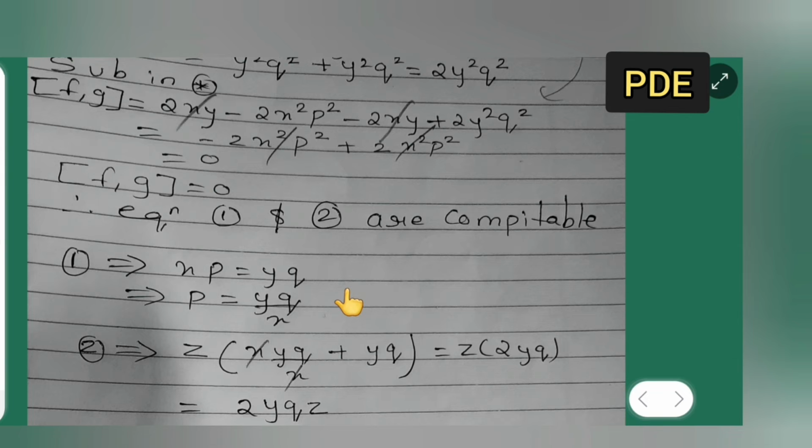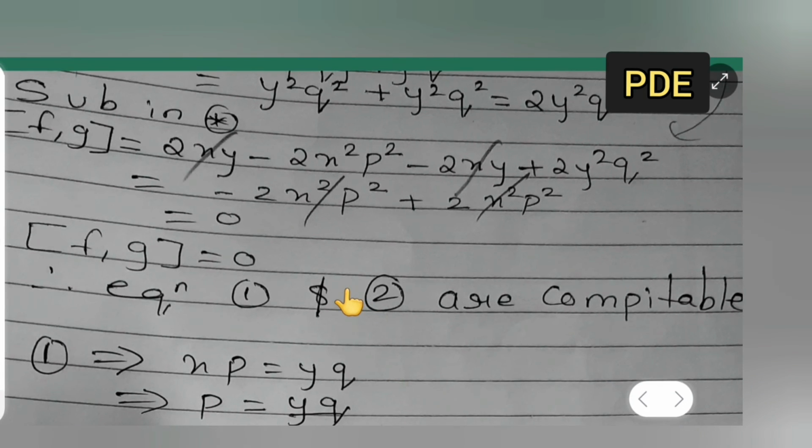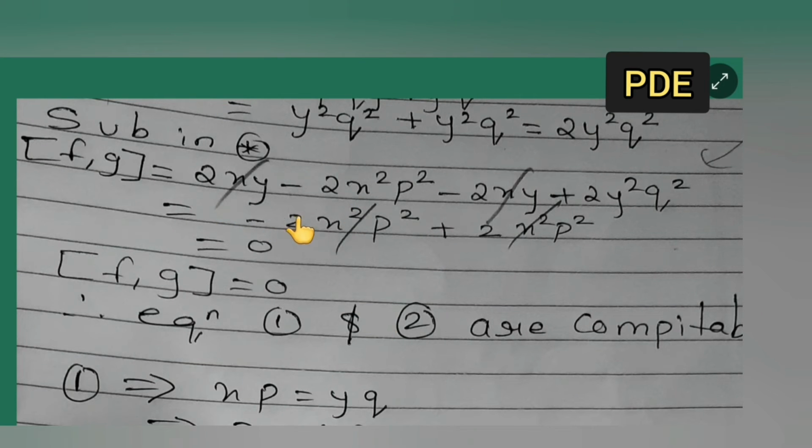So once I substitute, what am I going to get? f comma g is equal to 2xy minus 2x square p square minus 2xy plus 2y square into q square.